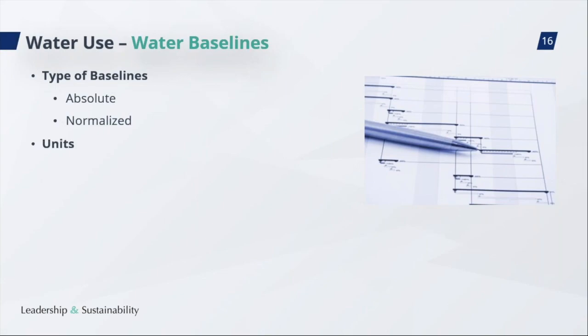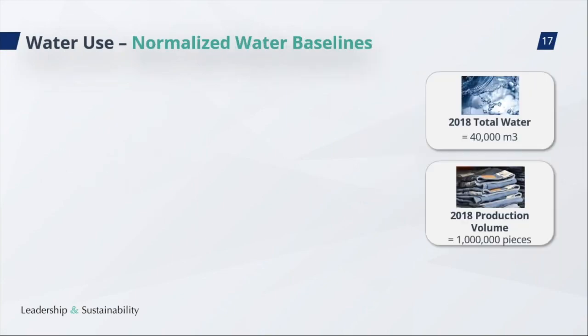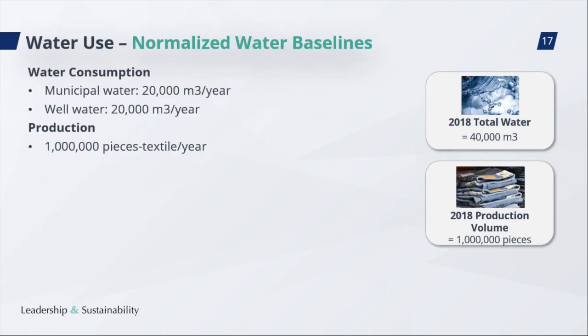So let's see how you can calculate a simple water baseline. Let's say that we have a total water consumption of 40,000 cubic meter, and with that we produced 1 million pair of jeans. And now we divide the total water consumption with the total production volume.